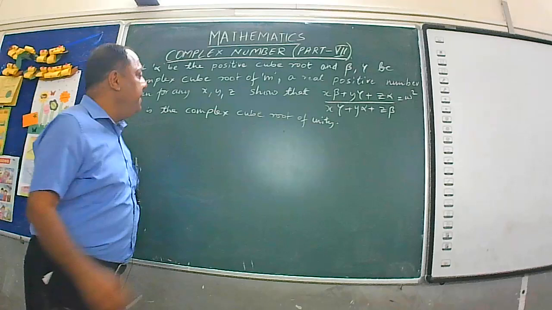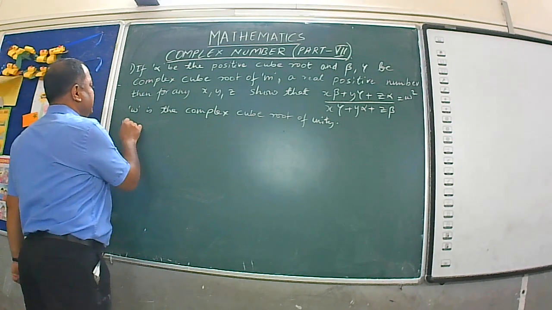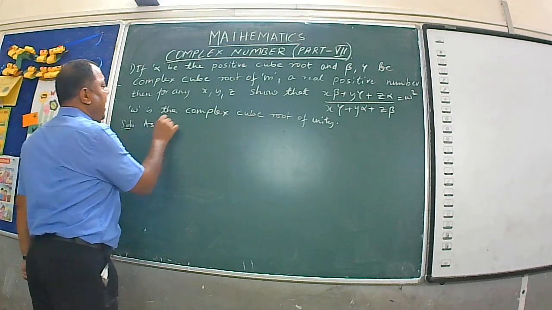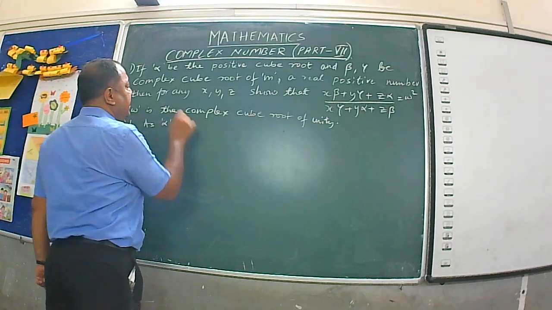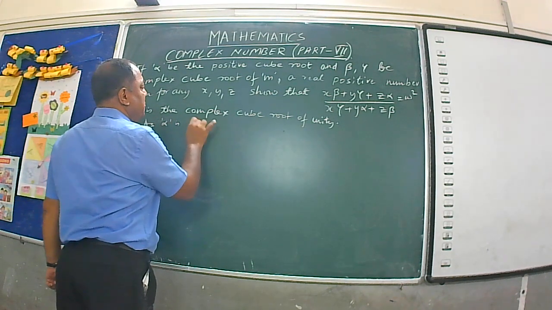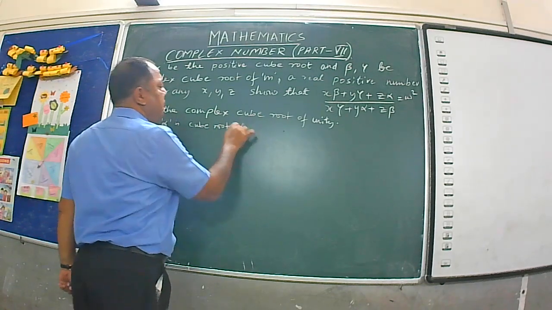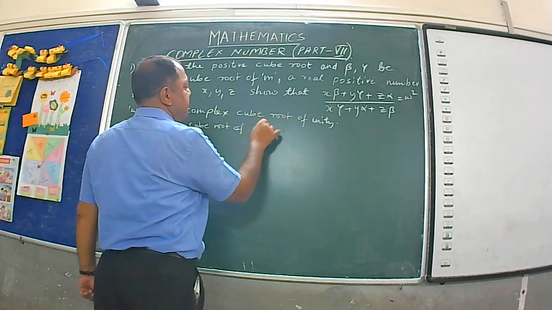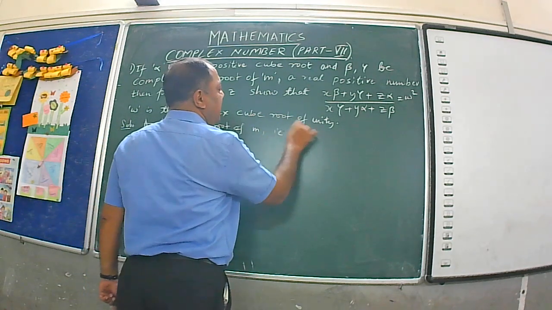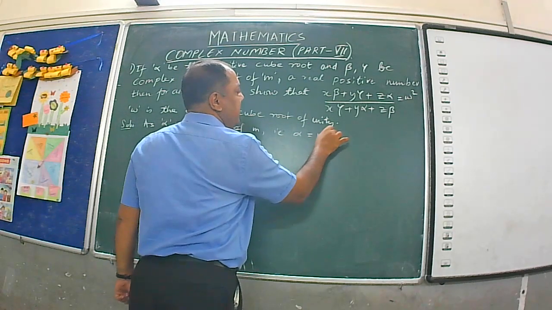We start with the solution. As alpha is the cube root of m, that is, alpha is equal to m to the power 1 by 3.